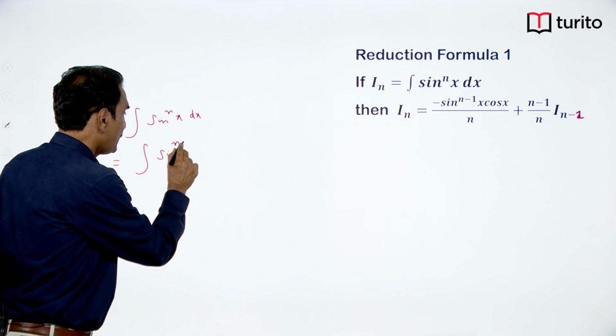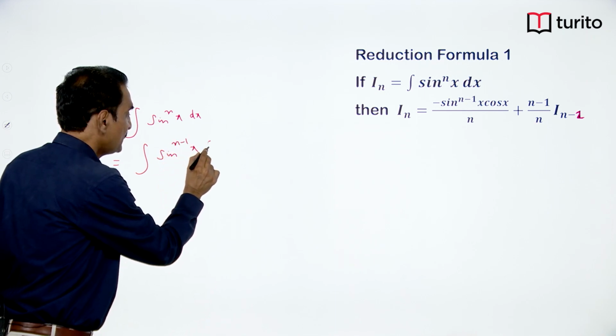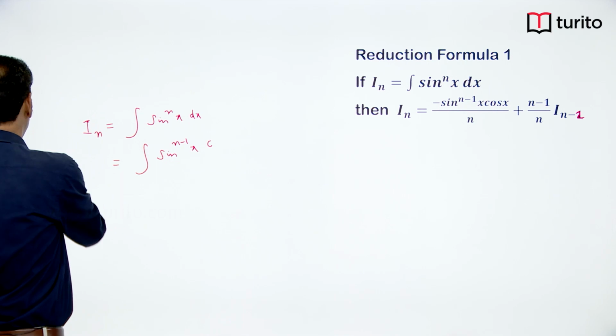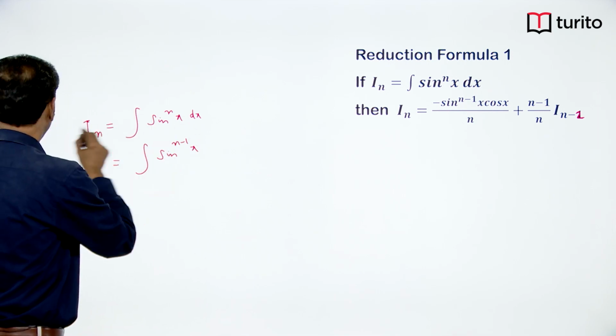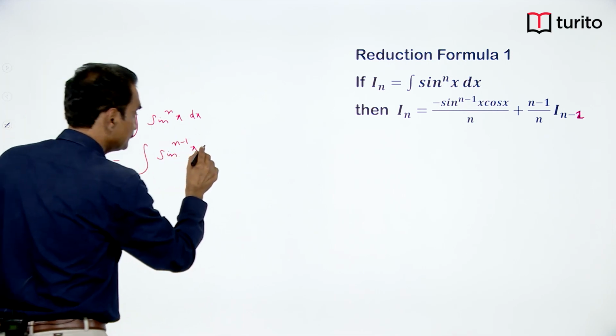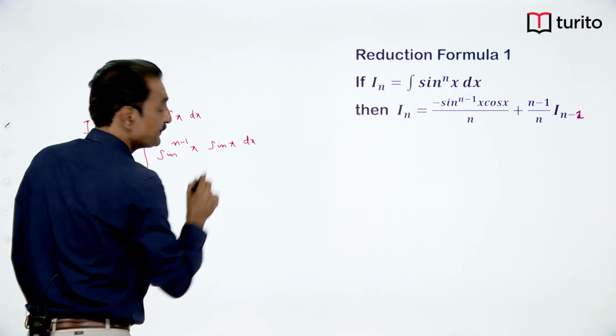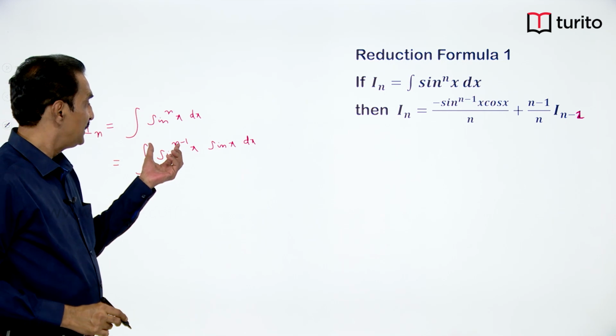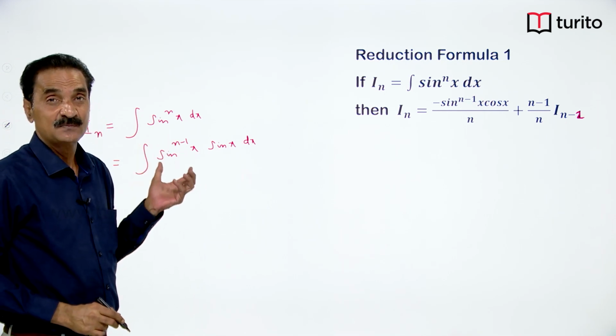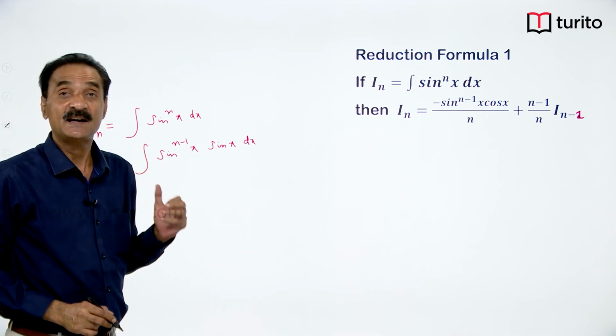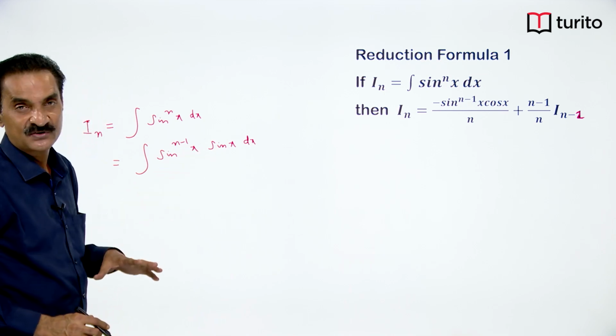It is sin power n minus 1 x into sin x dx. Now, taking sin power n minus 1 x as the first function and sin x as the second function, integrate by parts.